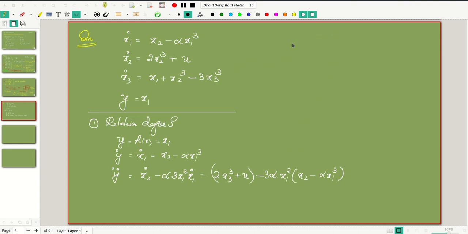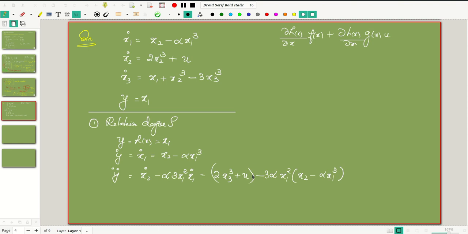And also you can find out y dot using this formulation, dou h of x by dou x into f of x plus dou h of x by dou x into g of x into u. So normally we can straight away find it, so we can use a matrix formulation and find out these values.